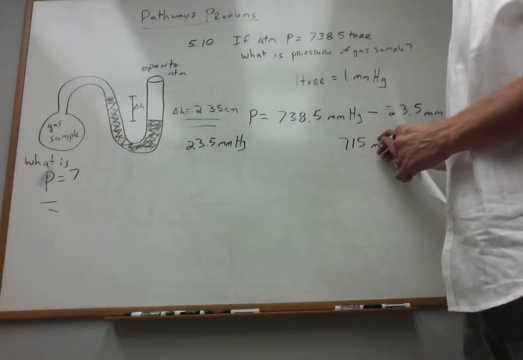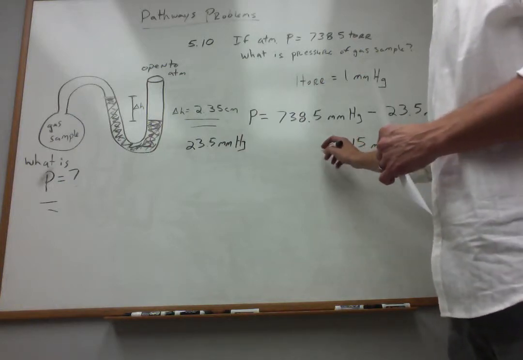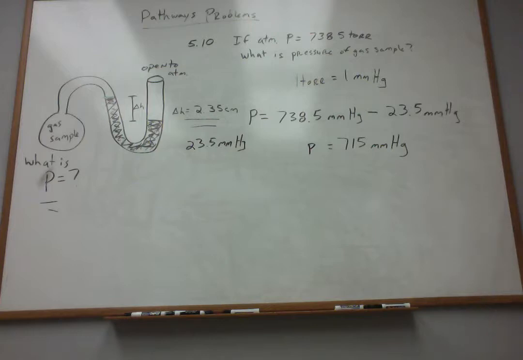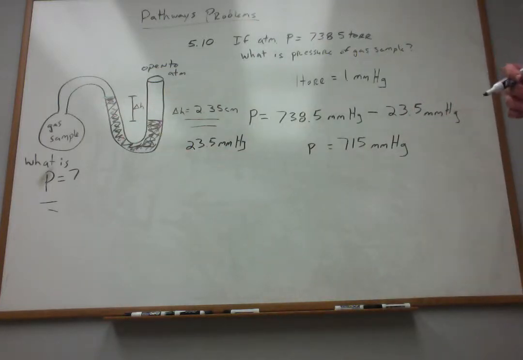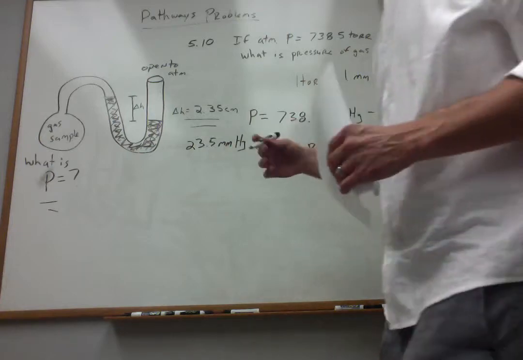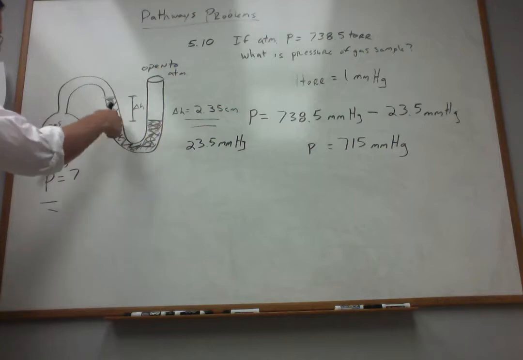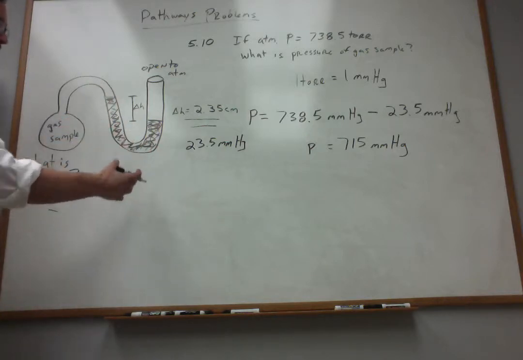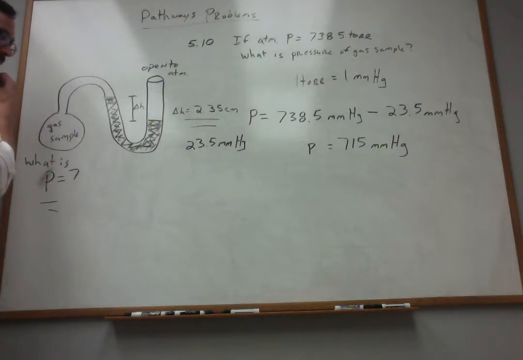And if you do the subtraction, you get 715 millimeters of mercury for the pressure of the gas inside that chamber. Now, does this all make sense? Well, the atmospheric pressure is stronger. It's a higher pressure. It's winning this tug of war. By how much? Well, 23.5 millimeters. We're given that in this figure.